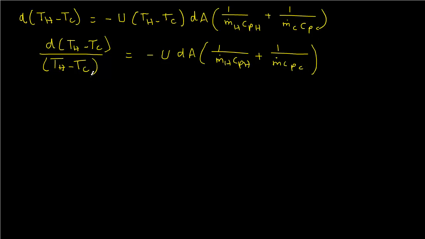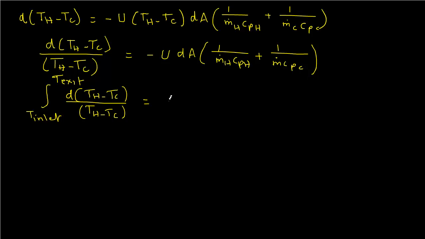So now we are going to integrate, and we use our integral signs, and we will integrate from T inlet to T exit. That's the temperature at the inlet to the temperature at the exit, and we have d of TH minus TC divided by TH minus TC.